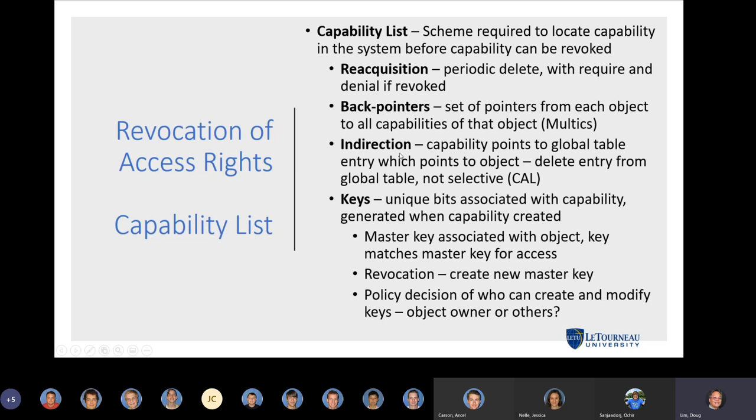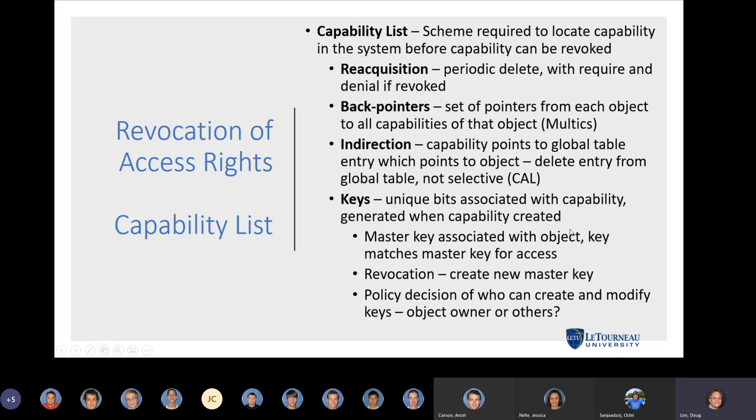We can do back pointers, which is what Multics, an old operating system that had some pretty novel concepts, used. And then indirection, where a capability points to a global table entry, which points to the object, and then you delete the entry from the global table.